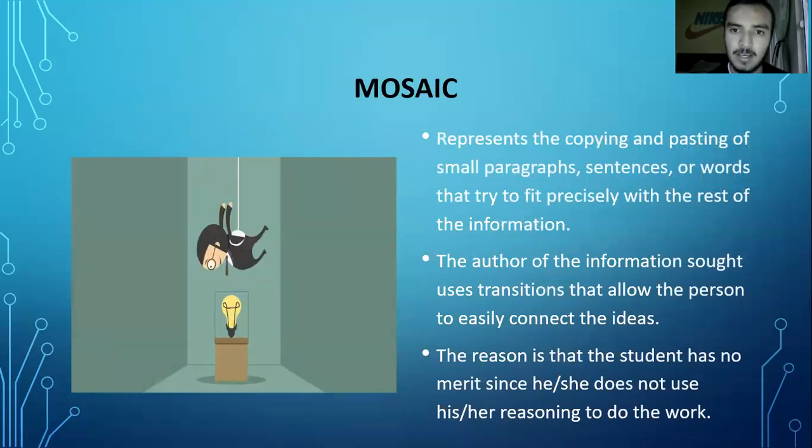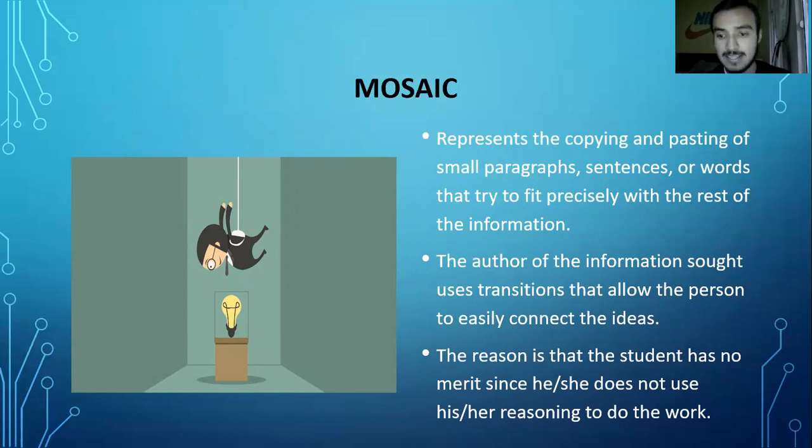Let's talk about mosaic. The mosaic represents the copying and pasting of small paraphrases, sentences, or words that try to fit precisely with the rest of the information. The author of the information sought uses transitions that allow the person to easily connect ideas.